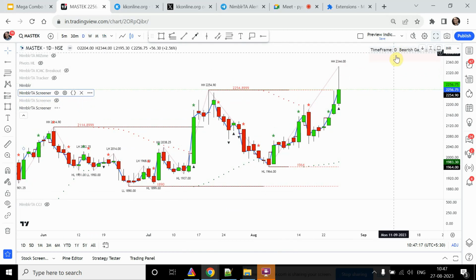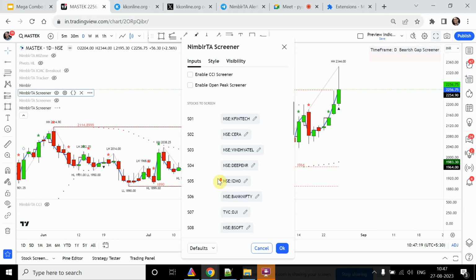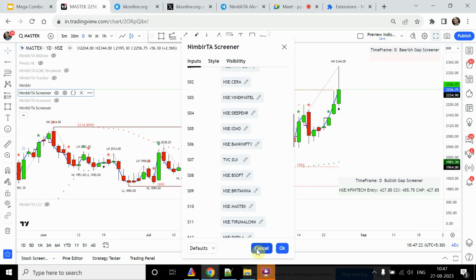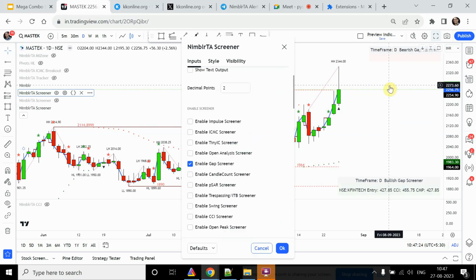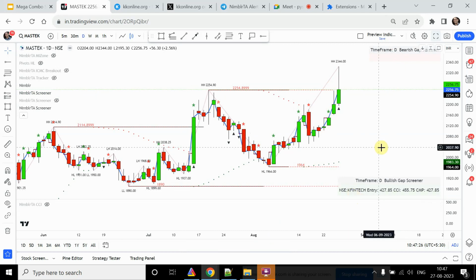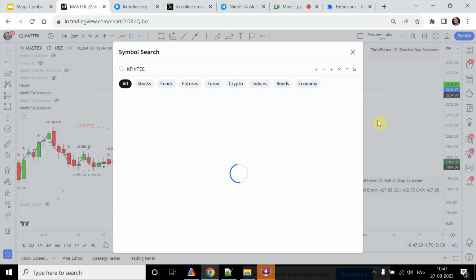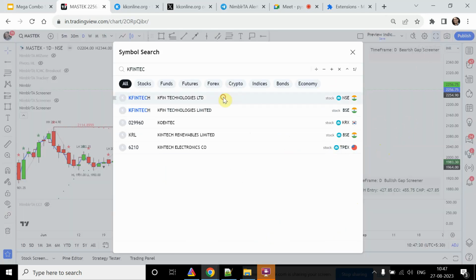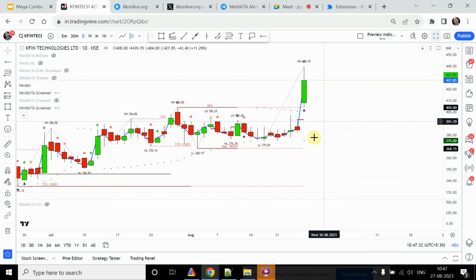Okay, so gap down, out of the stocks which we had put, none of them were gap down stocks, right? So we did not get any result over here. But the gap up stock was K Fintech. We talked about it again over here, since it was available as part of open analysis and our gap up also.